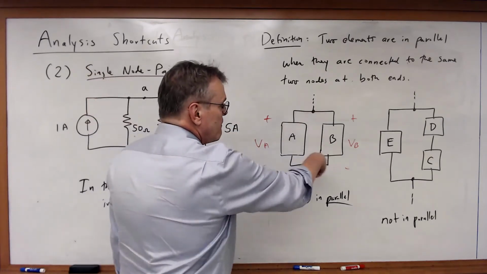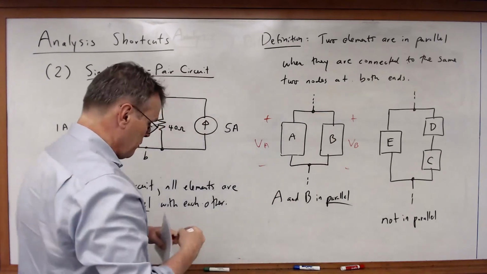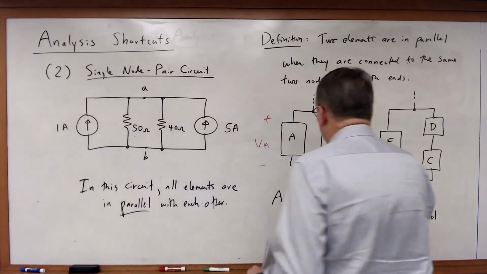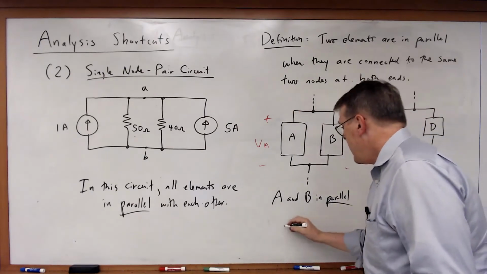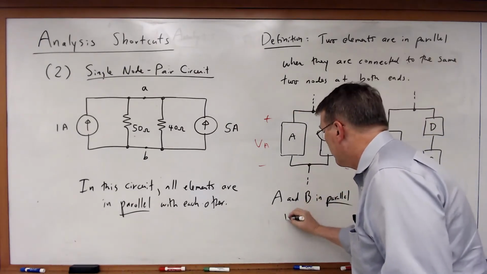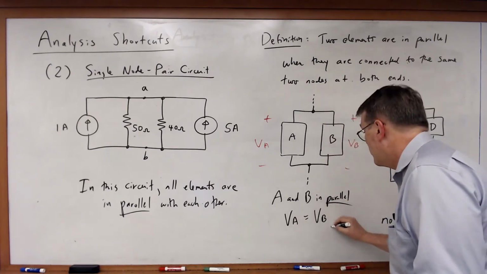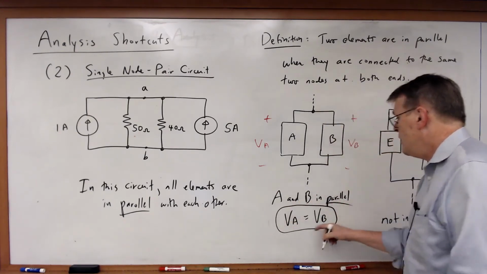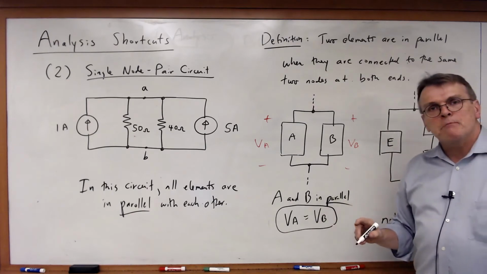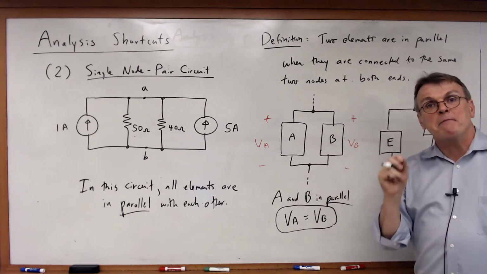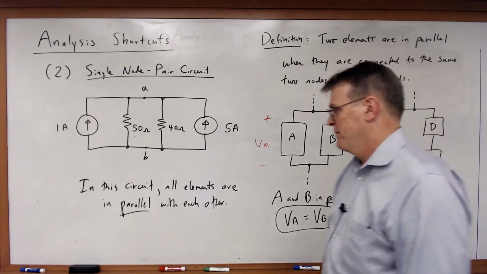Let's write a KVL equation going around that loop. So in this case, I'll start at the bottom, I'll go clockwise, and what we see is the rise of VA is equal to the drop of VB. And what do you know? By inspection, elements in parallel have the same voltage across them.